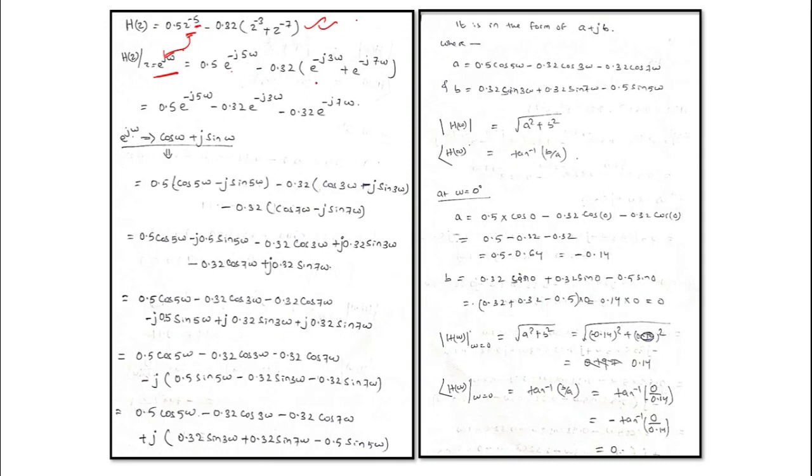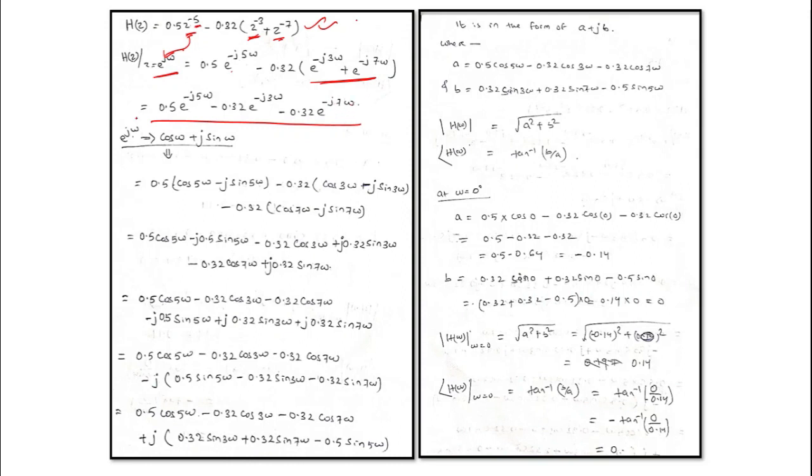Similarly you change each of the z values with e to the power j omega, and you get this equation: 0.5 e to the power minus j omega 5 minus 0.32 e to the power minus j omega 3 minus 0.32 e to the power minus j omega 7.